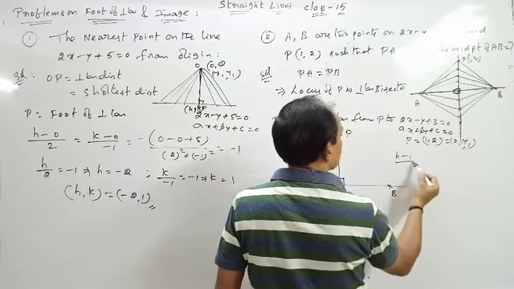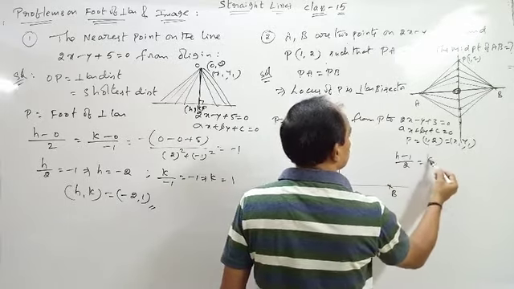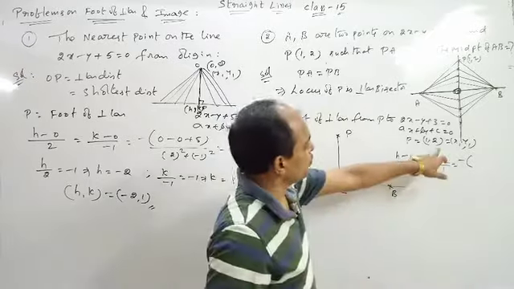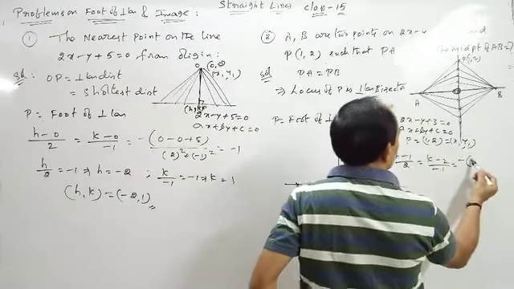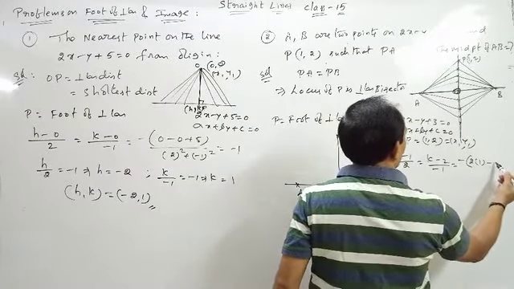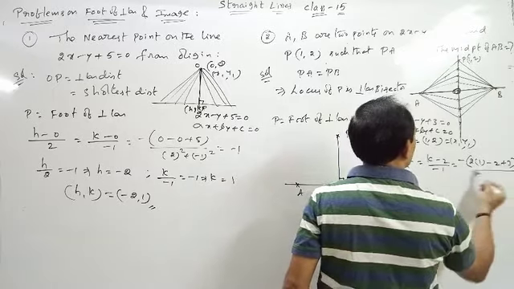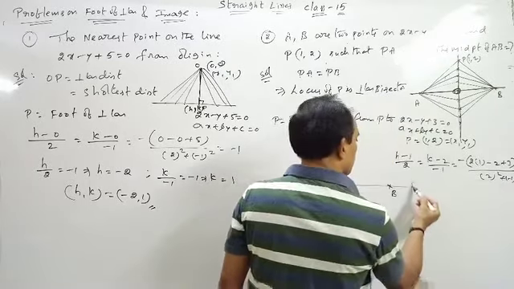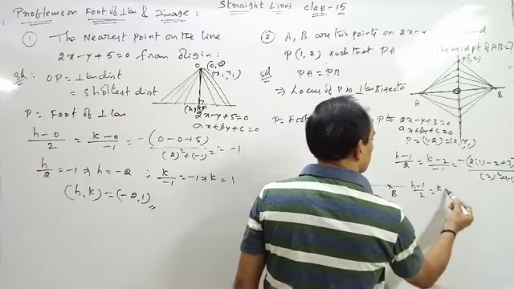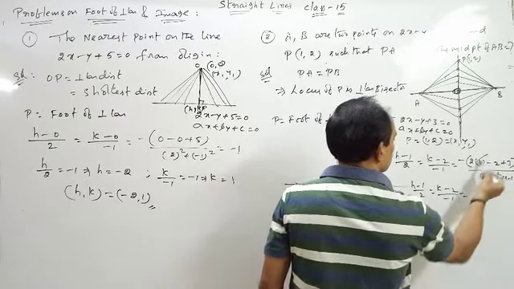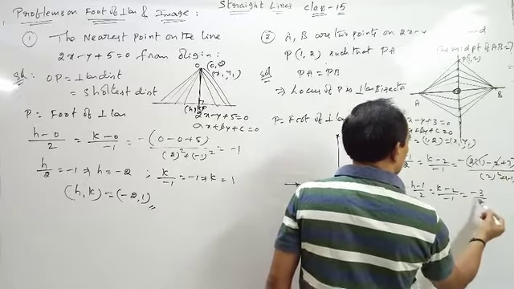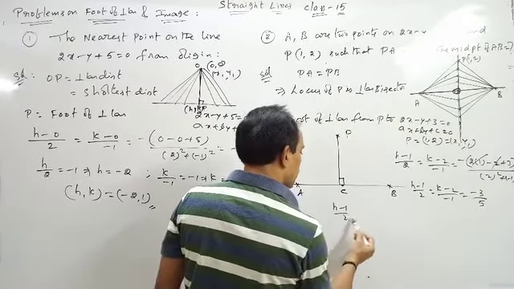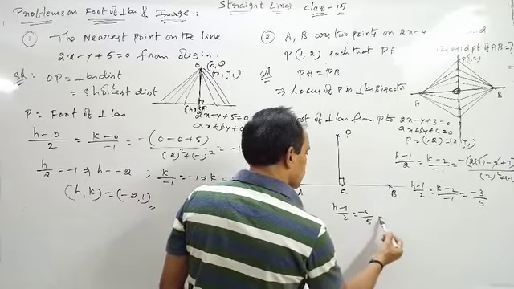So h minus 1 by 2 is equal to k minus 2 by minus 1 is equal to minus of, you substitute this point here, 2 into 1 minus 2 plus 3 by 2 square plus minus 1 whole square. That is h minus 1 by 2, k minus 2 by minus 1 is equal to, 2 gets cancelled, minus 3 by 5.